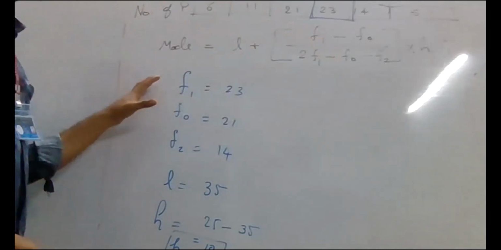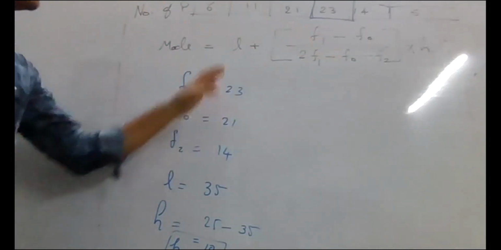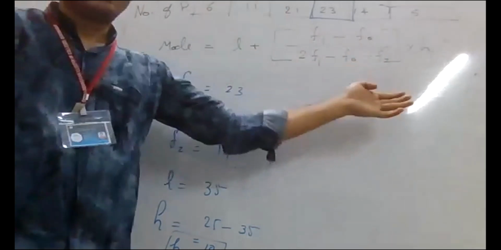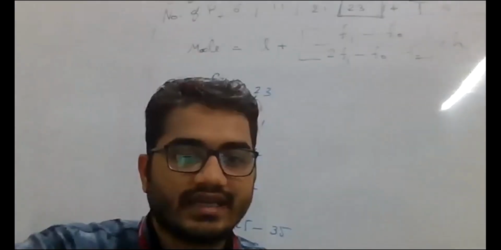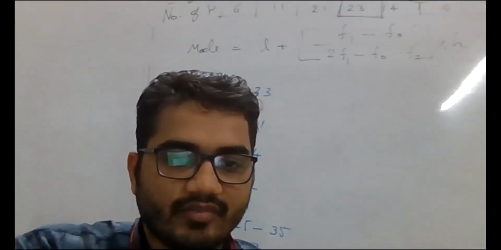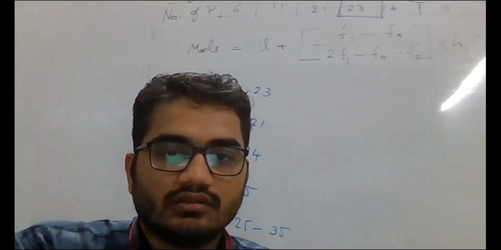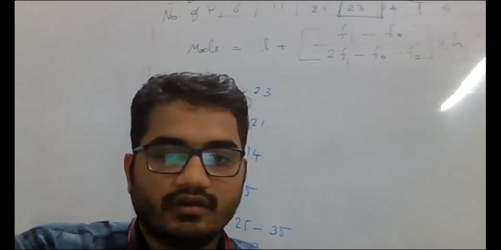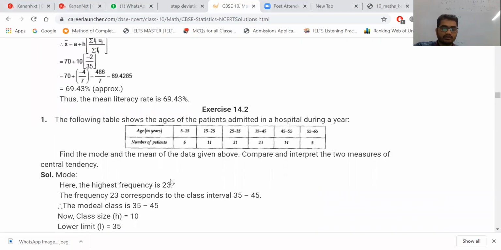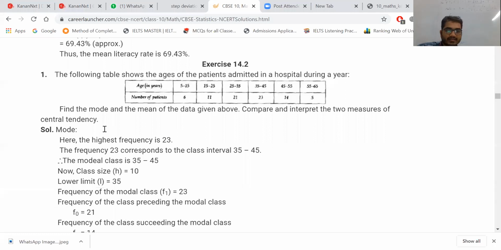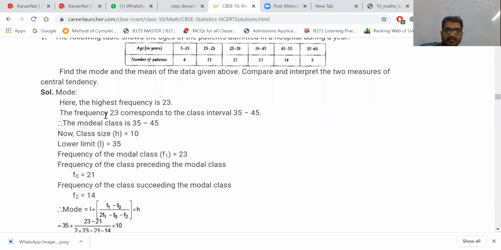Now we'll put all the things into this format and solve it. Let me show you on the screen how you can get your answer. I'm sharing the screen once again so you can see that page. Here the highest frequency is 23, corresponding to the class interval 35-45.